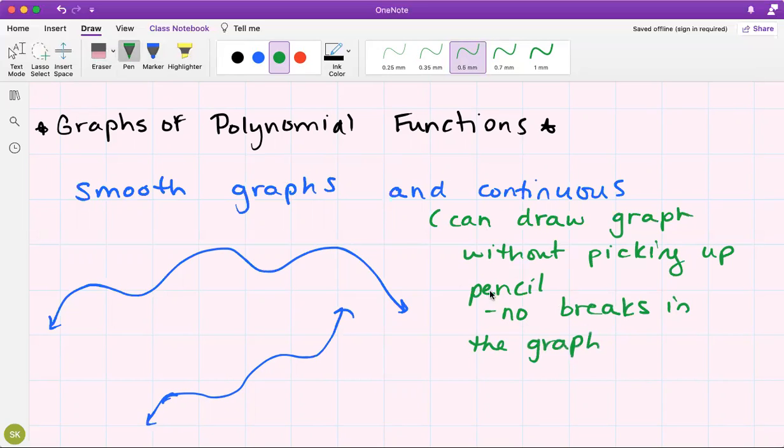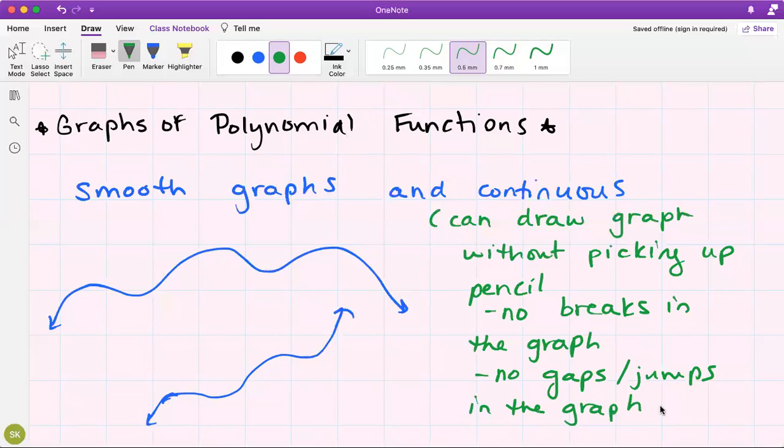No breaks and there's no gaps or jumps. And what I mean by a smooth graph is there's no sharp turns or cusps. So no sharp turns or cusps.